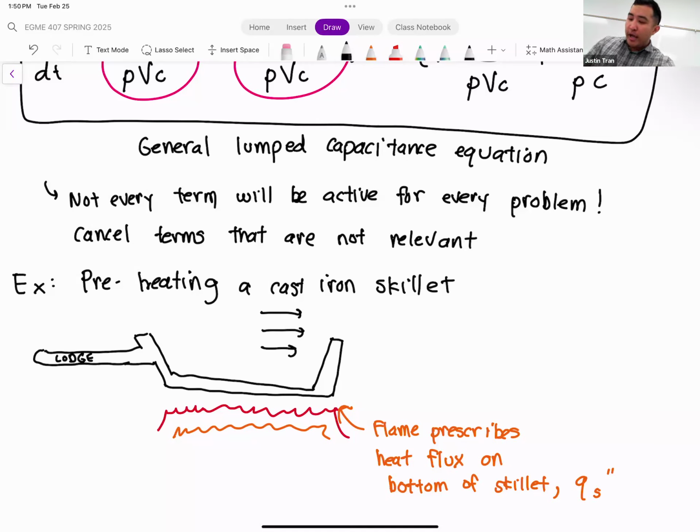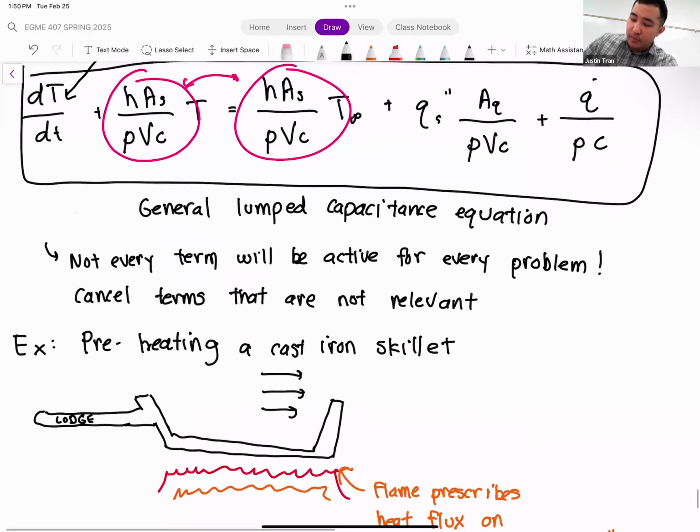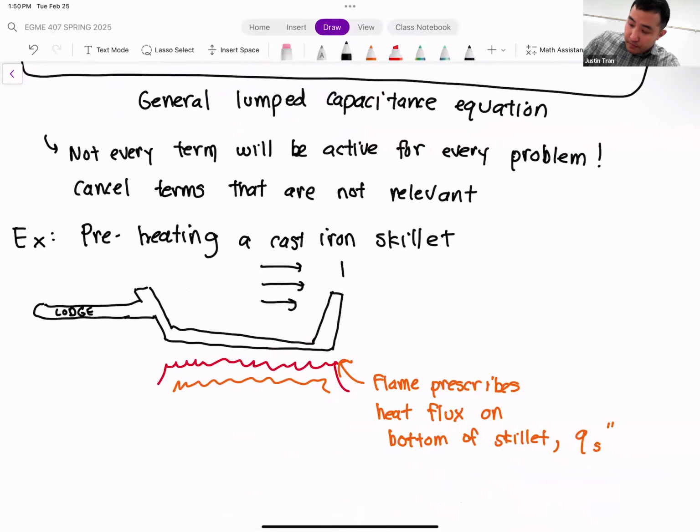Okay, and so we're going to have a convection that's going over the top. And so that convection is going to have a convection coefficient h and an ambient temperature T infinity.